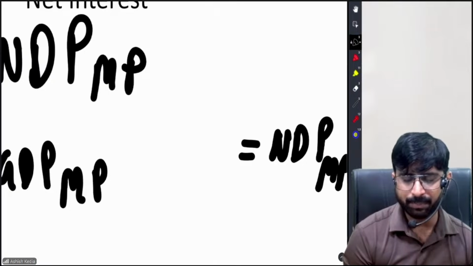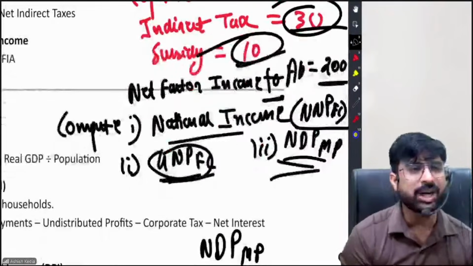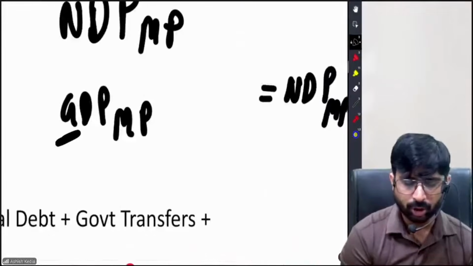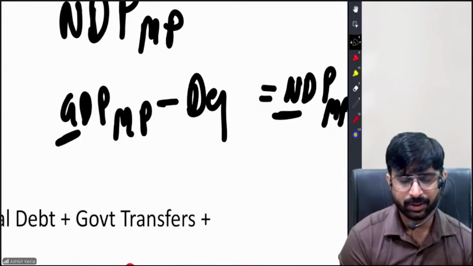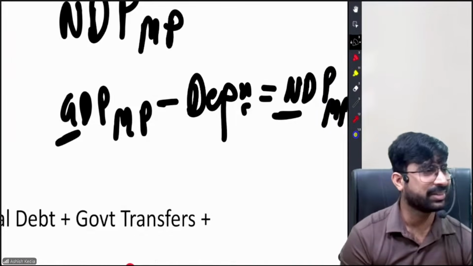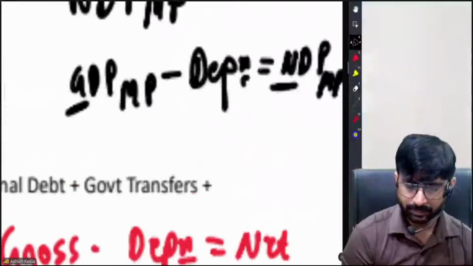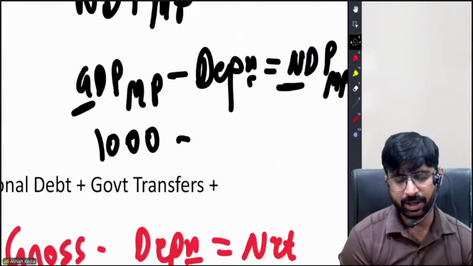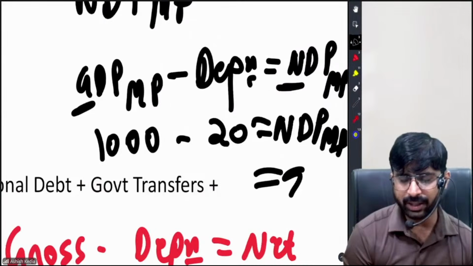So gross is known, we want to reach net. What do we do? Minus depreciation. So 1000 minus 20 is NDP at MP, that's 980.